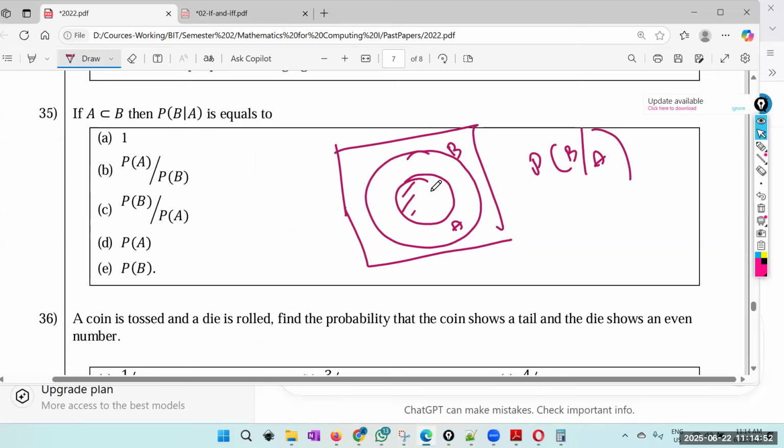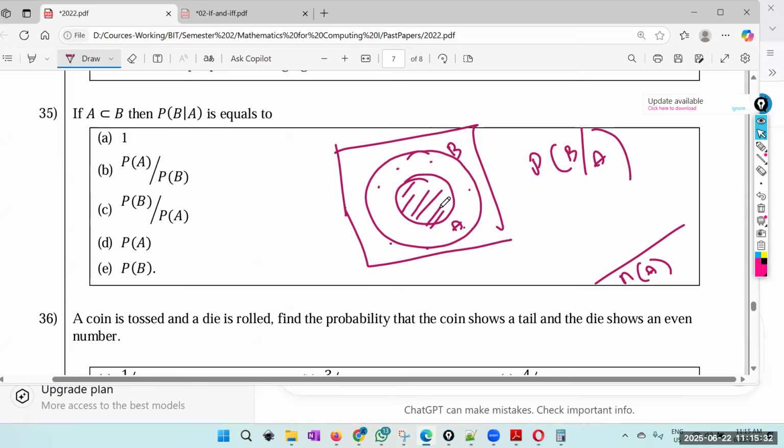Now, if A has happened, our sample space has only the elements of A, right? Because A has happened. So therefore, our sample space has the number of elements in A. Now, what is the probability of B happening? If A has happened, these things cannot happen. So if A has happened, what is the number of possibilities for B to happen?